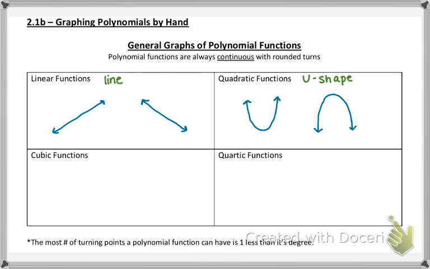Cubics, that would be x cubed, as you remember from your function dance video when we looked at parent functions. Cubics have a sideways S shape, so they are S-shaped.